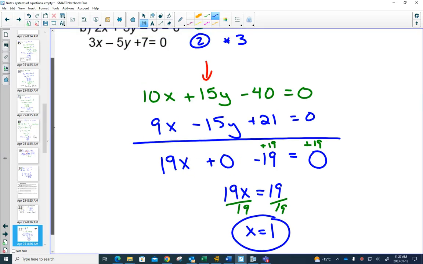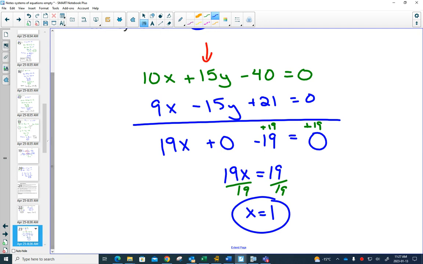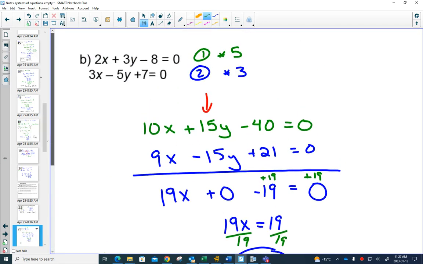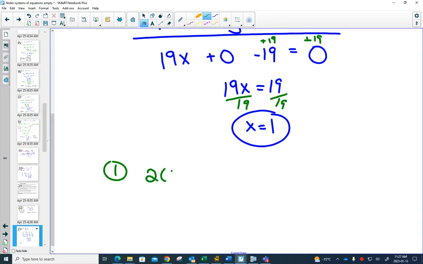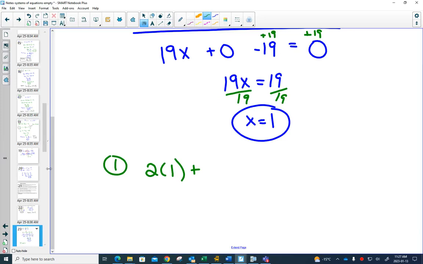And now we can use either equation 1 or equation 2. Equation 1, sure. So equation 1 was 2 times x, so now I can go 2 times 1 plus 3 times y minus 8 equals 0.